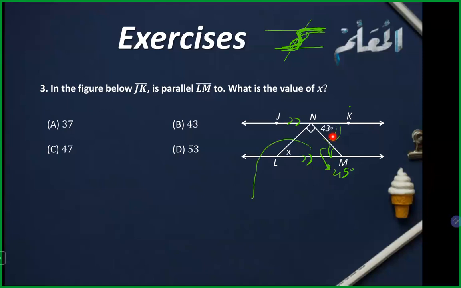What are they? So we have 90 degrees plus 43 plus x is equal to 180. At the end, x is equal 47. That equals 47. Okay, next.